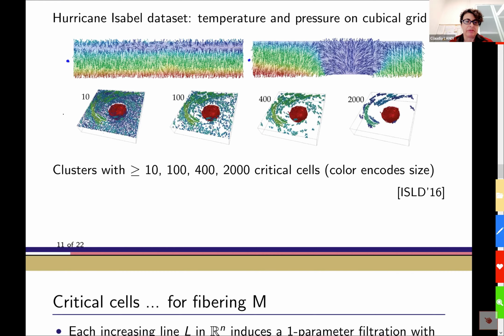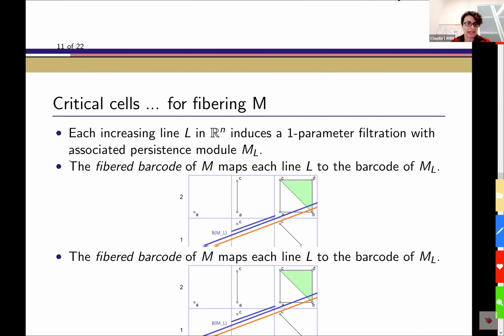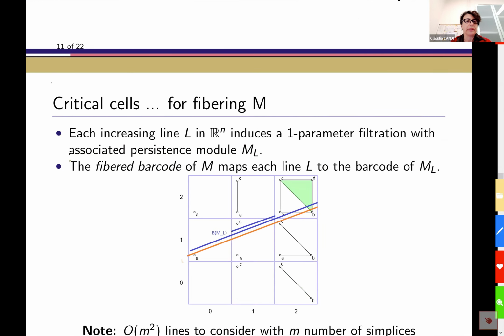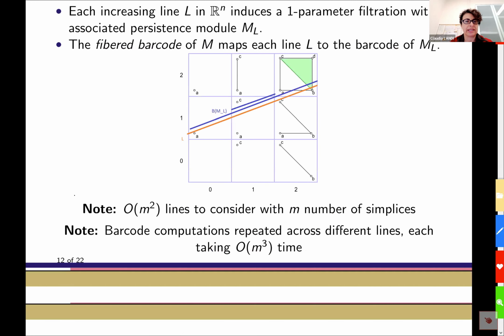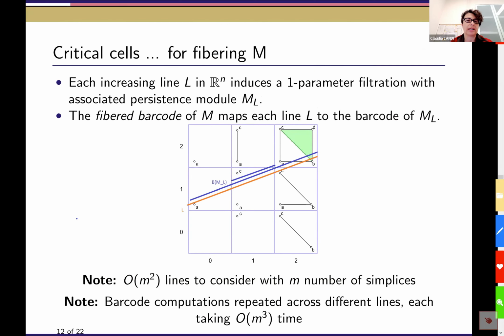For more theoretical reasons, we can use critical cells to fiber the persistence module M. So I go back and I take a filtered simplicial complex. And all of this is shown for 2 parameters, but this is general.